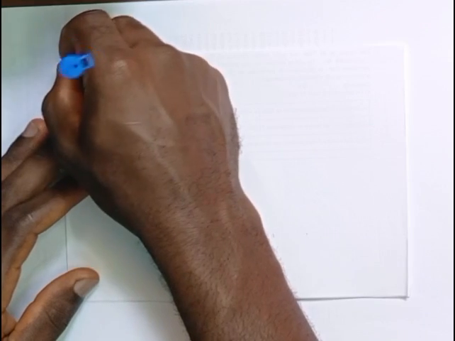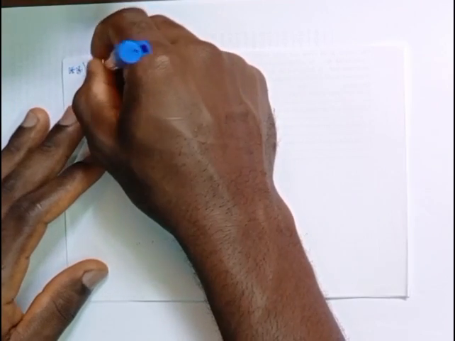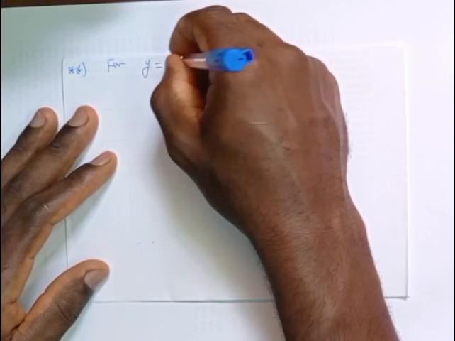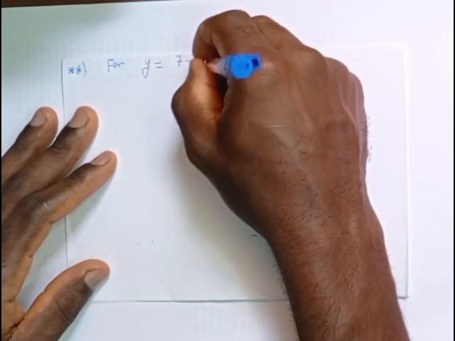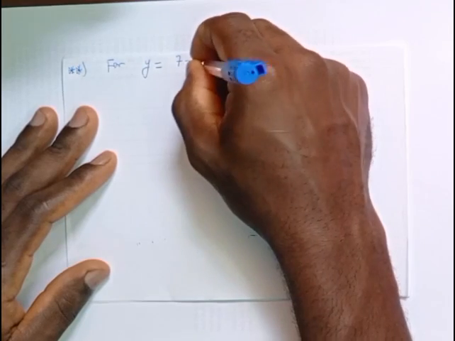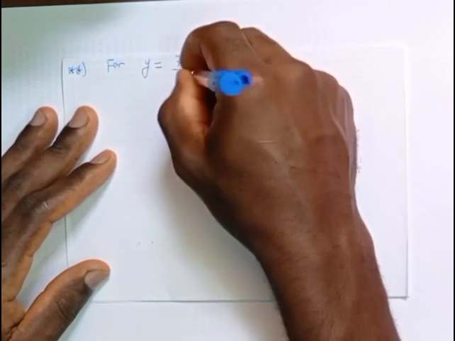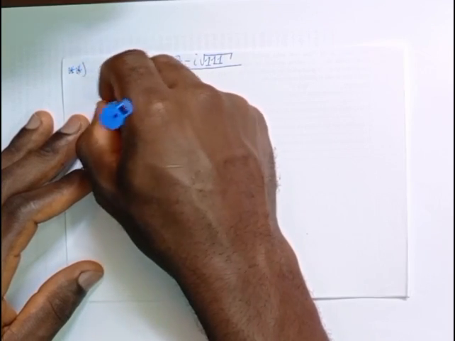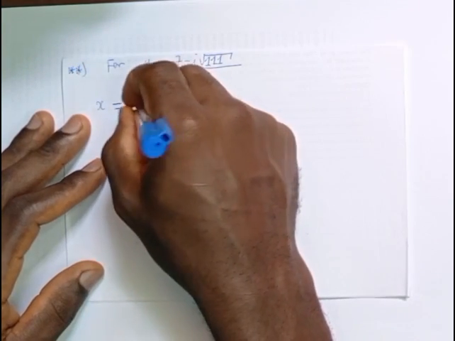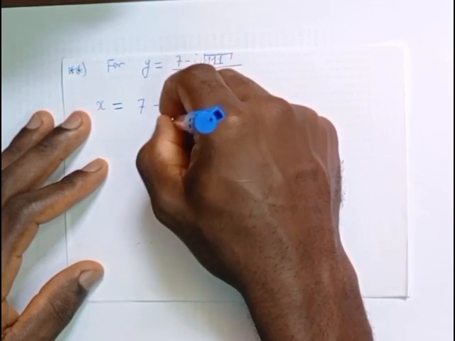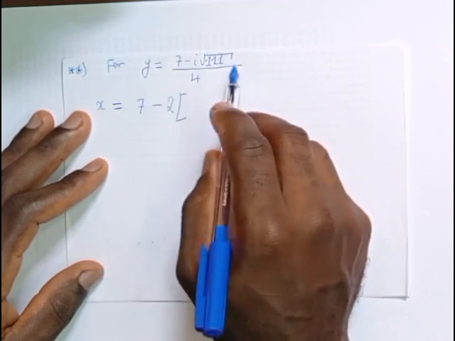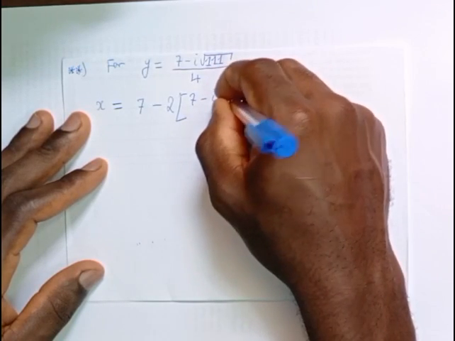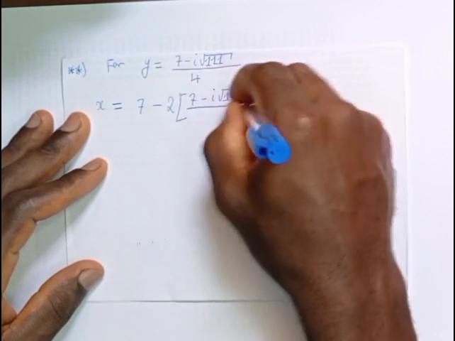Take the second value for y equal to 7 minus i root 111 all over 4. x will simply be equal to 7 minus 2 times, we have to replace y with this value, which is 7 minus i root 111 all over 4.